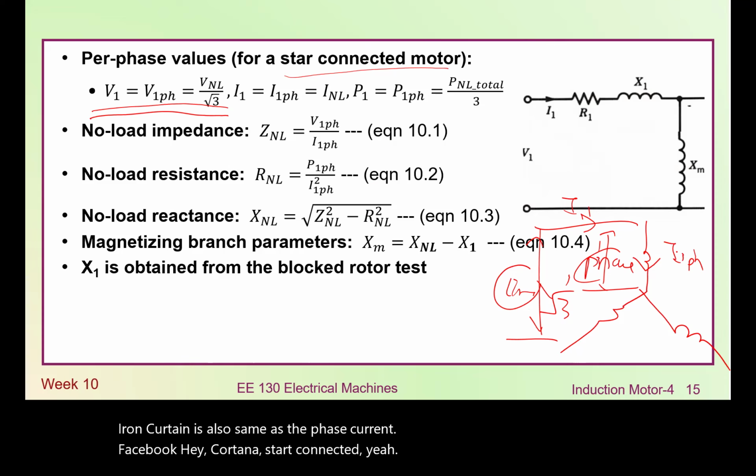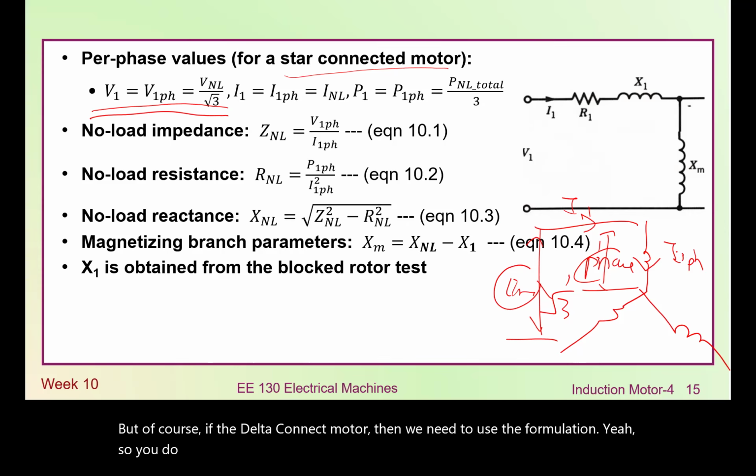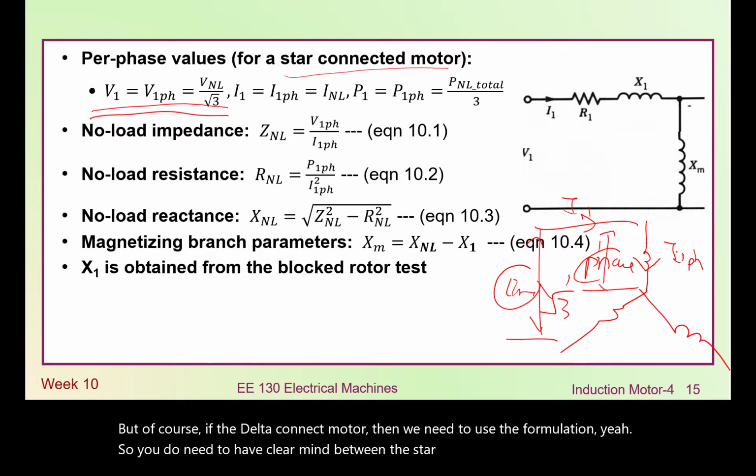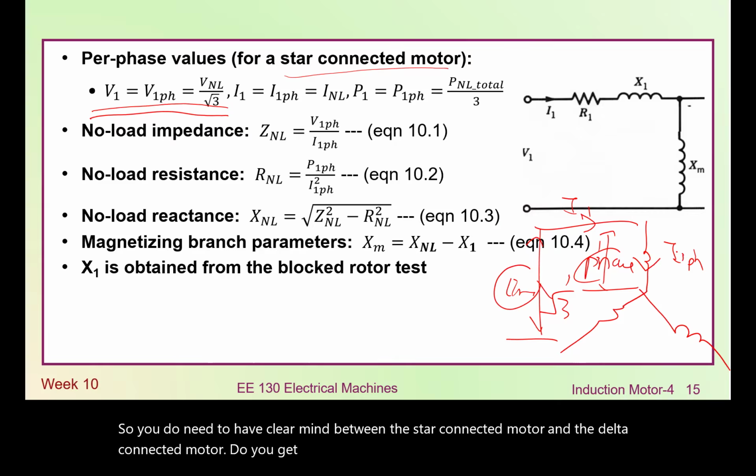But of course, if it is a delta-connected motor, then we need to use another formulation. So you do need to have a clear mind between the star-connected motor and the delta-connected motor. Do you get that? Are you okay with that?